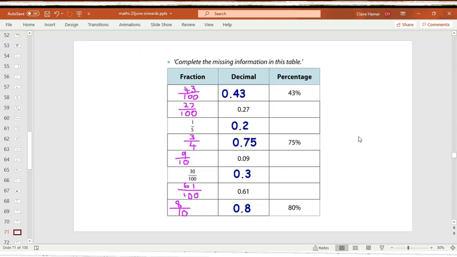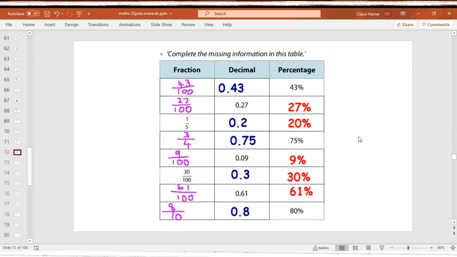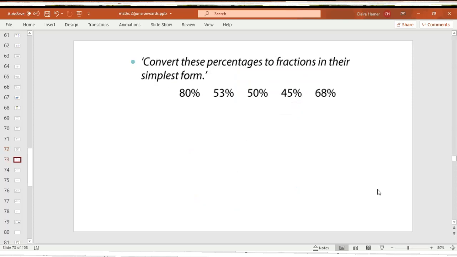Now let's mark the percentage part. 27%, 20%, 9%. Okay, mark your own work. Now, final task. Convert these percentages to fractions in their simplest form.